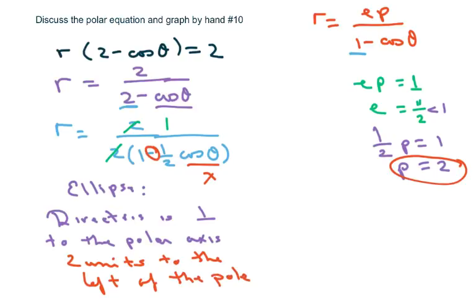Okay, and let's go ahead and graph this. It's an ellipse. So we're going to draw the directrix, which is 2 to the left. So here it is, the directrix is right here, and it's perpendicular to the polar axis.